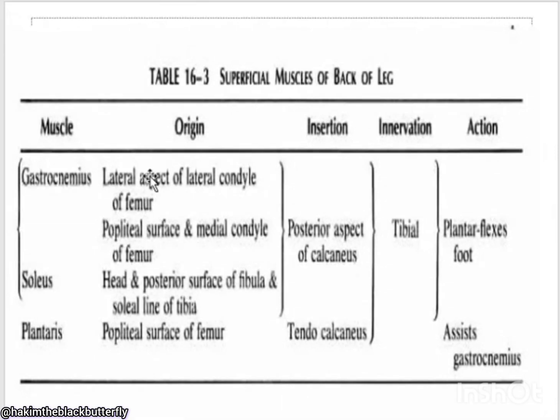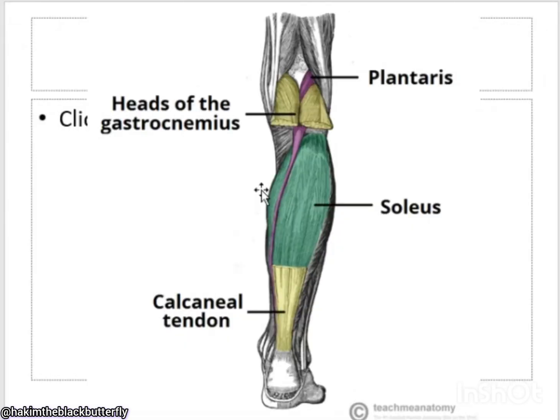So this muscle gastrocnemius has two bellies. The soleus originates from the soleal line of the tibia, on the posterior surface of the tibia. And these landmarks are very important for you to appreciate. So these are the two bellies of gastrocnemius, from the medial condyle and lateral condyle.